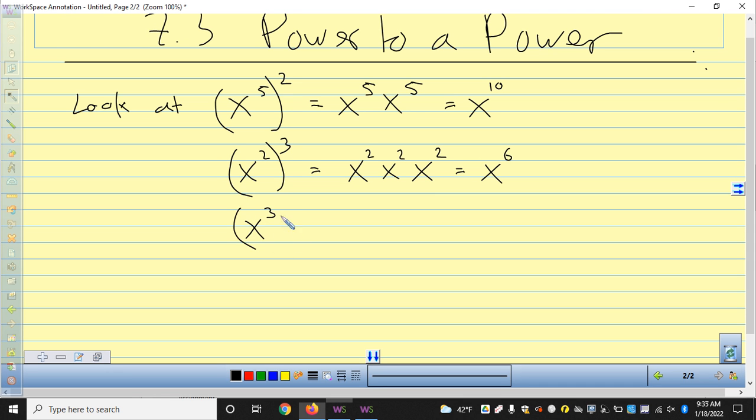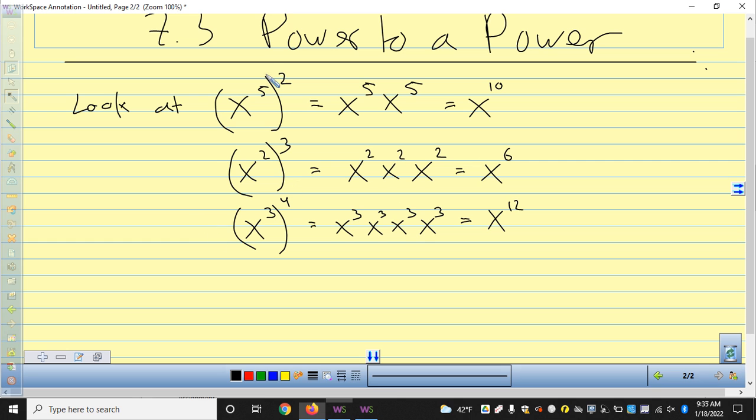X to the 3rd to the 4th power. Well, that means x to the 3rd times x to the 3rd times x to the 3rd times x to the 3rd. Well, we have 4 things with the same base. We're multiplying them together. So we add the exponents. That's 3 plus 3 plus 3 plus 3, which is 12.